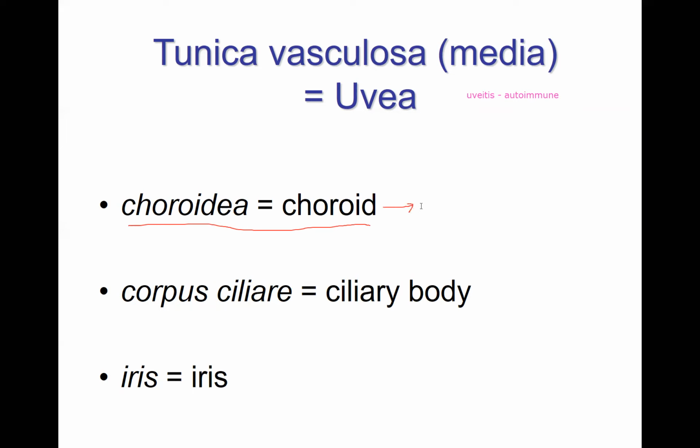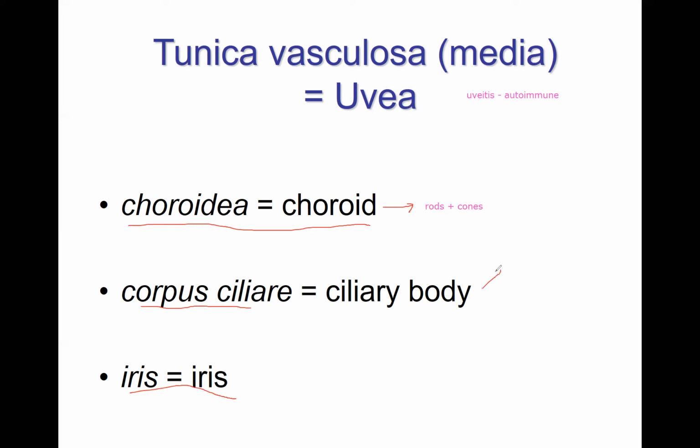That's very important. If you have problems with the choroid vessels, there is no vision, or the vision is impaired. But for the ciliary body and iris, the function is different, and they contain muscles, so they contract.